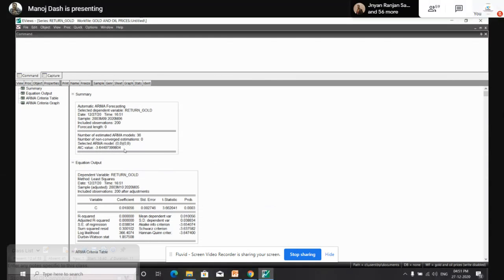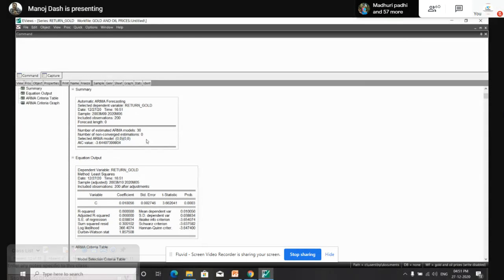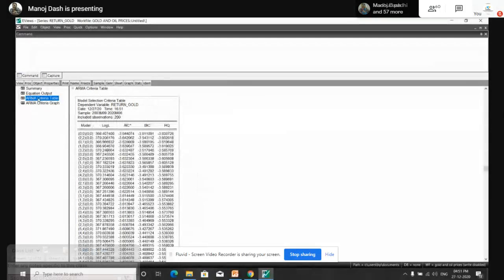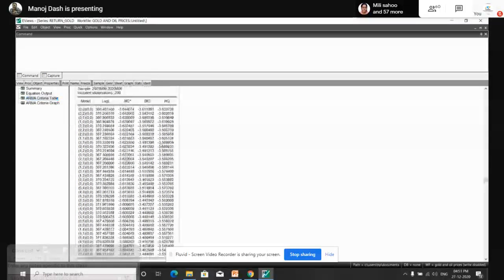Now see, it says which model is good, how many models are calculated. Now see, on the right-hand side is the ARIMA criteria table. So it calculated 36 models. Now see, the top one is the better model. Which one?